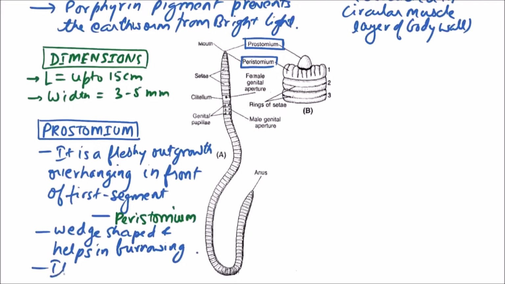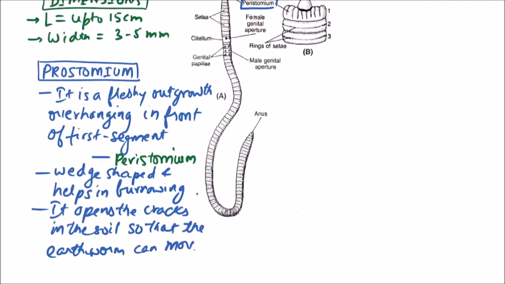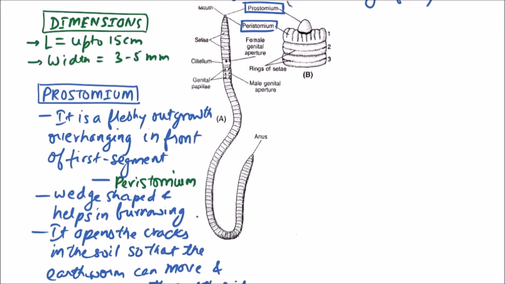It opens the cracks in the soil so that the earthworm can move and make way through the soil. So this is the Prostomium.